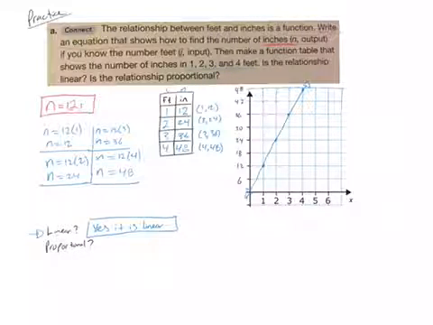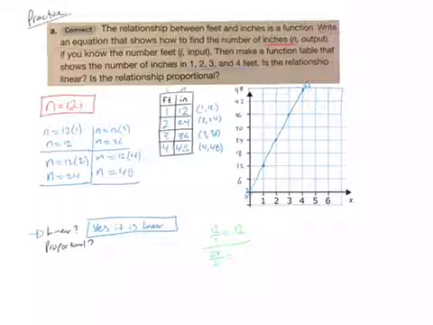And then to say it's proportional, I need to take the outputs and divide it by the inputs and see if I get the same answer for all of those. So let's just see about proportional here. What is 12 over 1 equal to? 12. What is 24 over 2 equal to?